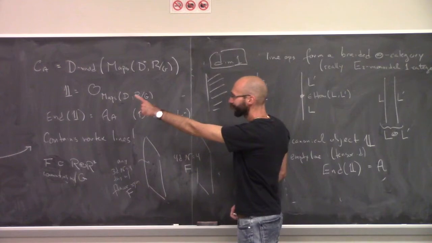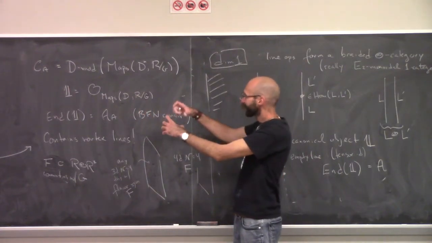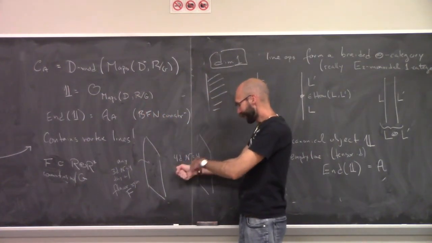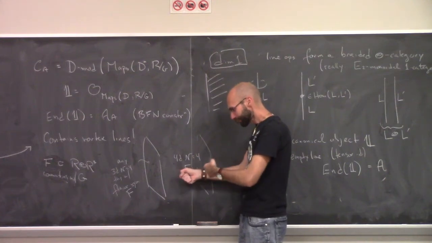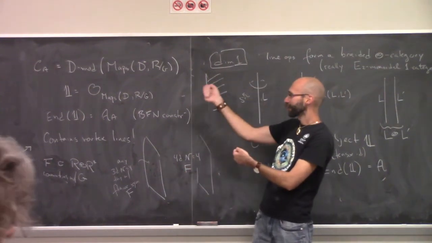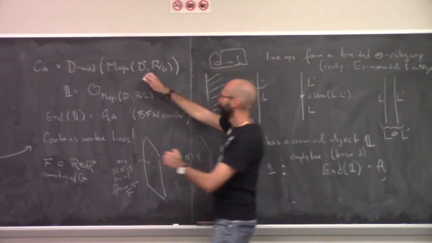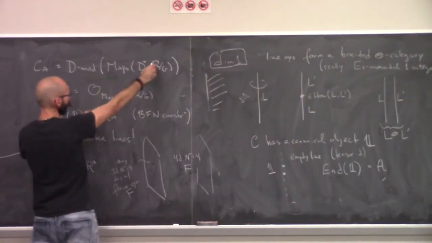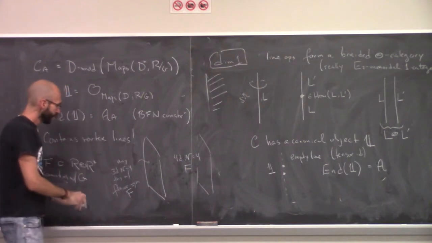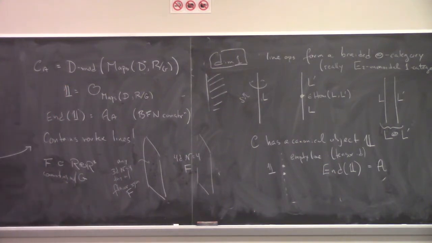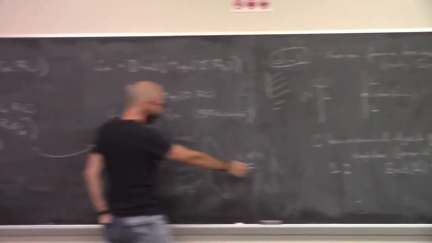Here I was compactifying the 3D theory on S1, which I thickened into a disk. I can compactify the 4D theory on a surface, and I get a category the same way. But these sorts of spaces in 4D involve the adjoint representation necessarily.